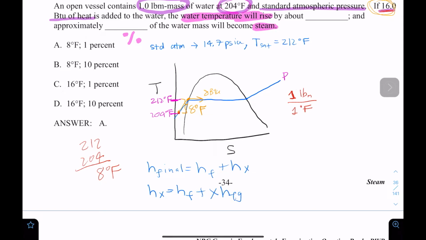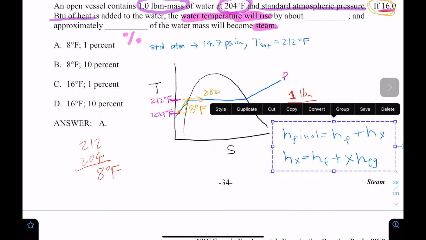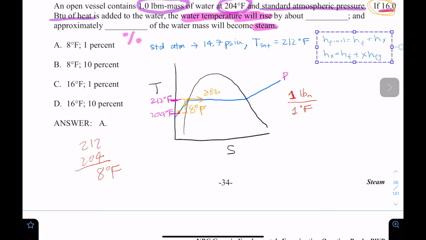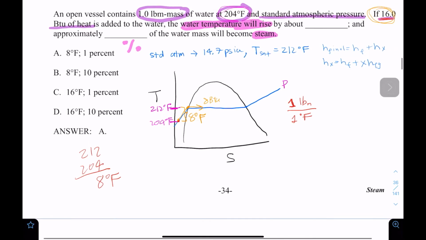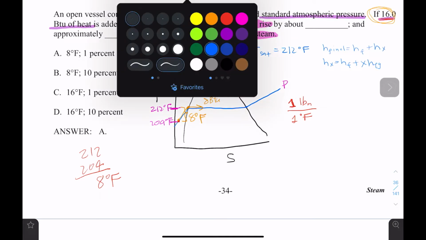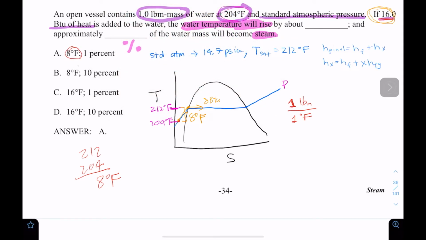So we have this set of formulas here that we could use. So I know that the water temperature is going to rise about 8, right? That's the first thing that I already calculated. So that's my first calculation there. The water temperature rises by that. I already have that one.